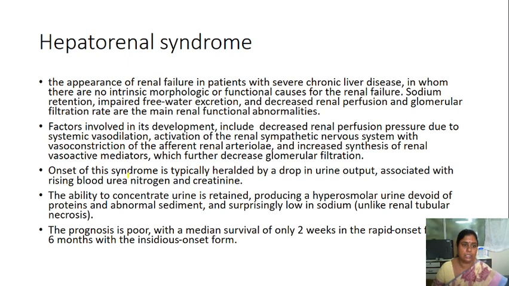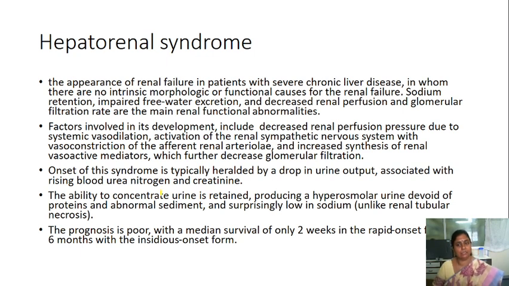Okay, onset of this syndrome is typically heralded by a drop in the urine output and an associated blood urea nitrogen and creatinine increase. And how can you say that the kidney is not having any functional disorder? The ability to concentrate urine is retained. This is one of the major functions of the kidney. So the ability to concentrate urine is retained.